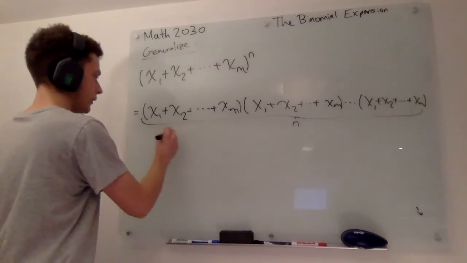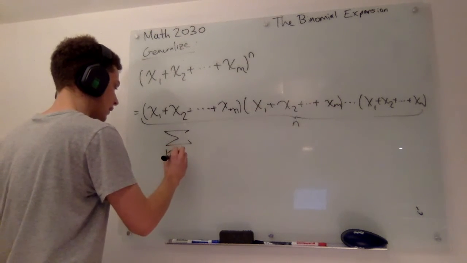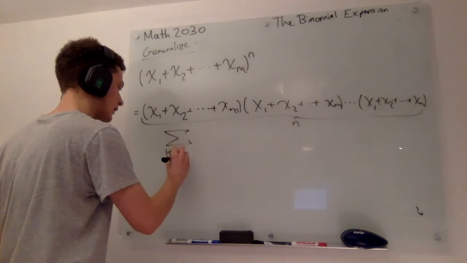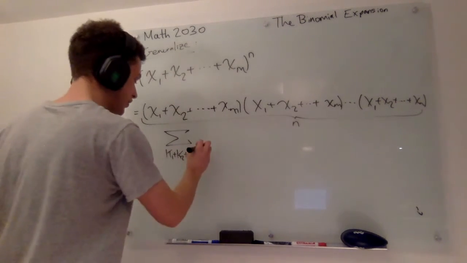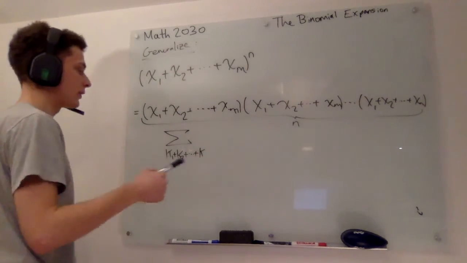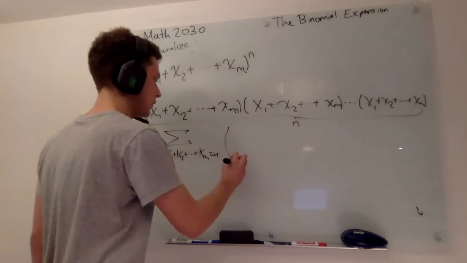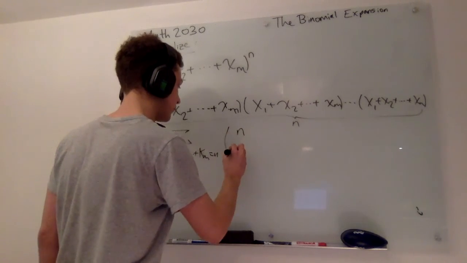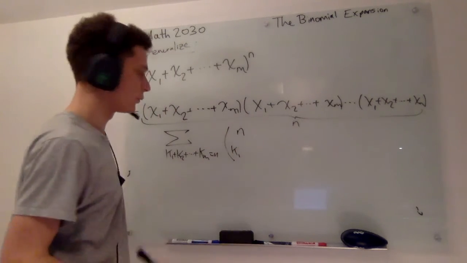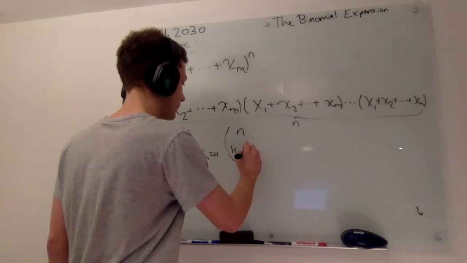So what we're really doing here is we have all combinations of k1, k2, in essence, all solutions to the equation k1 plus k2 all the way to km equal to n. We'll write down our multinomial coefficient from before, I should say.